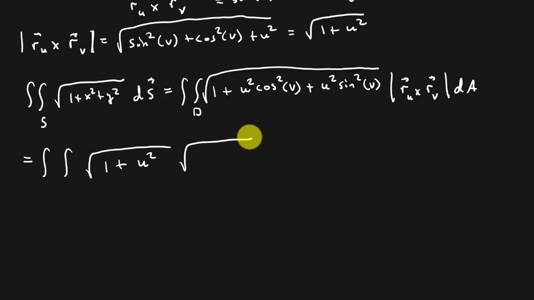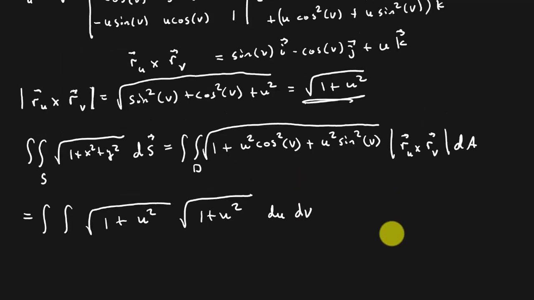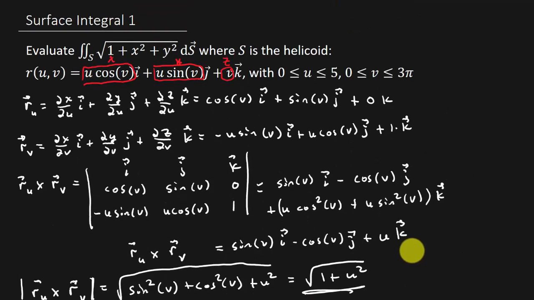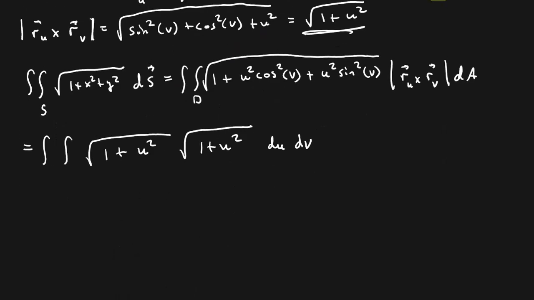And then that's times the magnitude of the cross product of RU and RV, which we found right here, which is the square root of 1 plus u squared. Then we can integrate with respect to u and then with respect to v. Up here, it told us u is between 0 and 5, and v is between 0 and 3 pi.